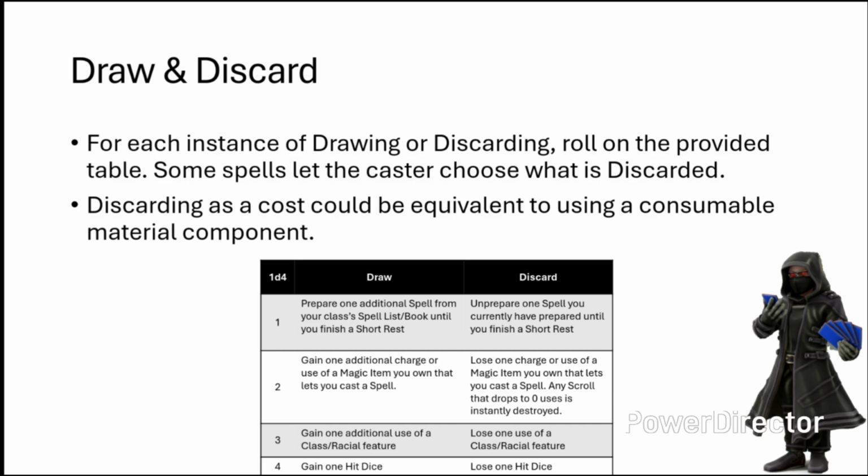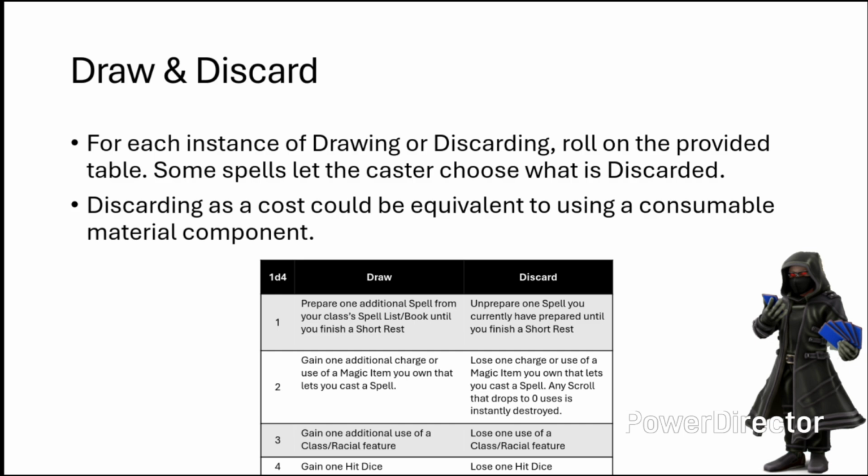Third point is that you gain one additional use of a class or racial feature. Discarding would cause you to lose one use of a class or racial feature. Kind of like action surge. Or perhaps you'll have a special spell from one of your racial abilities that you can only use a certain number of times per day.